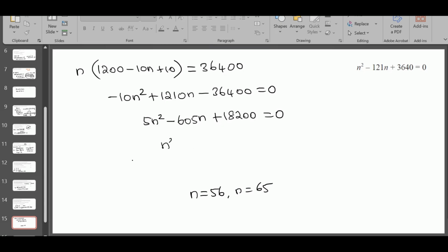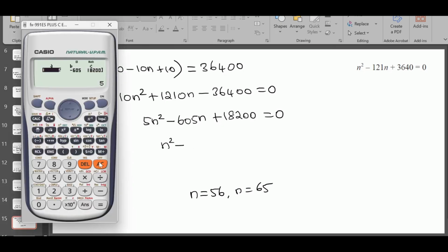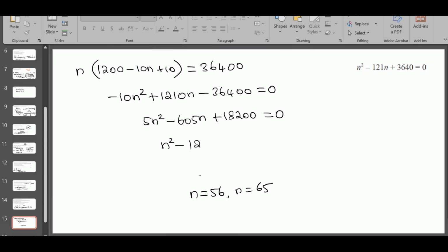n square minus 605 over 5, 121n plus 3 5s of 15, 62, 32, 6 5s are 30, 20, 4 5s are 20.